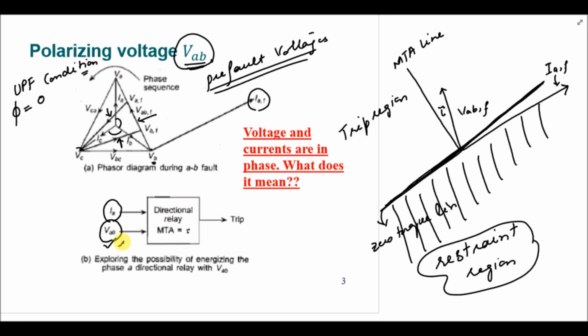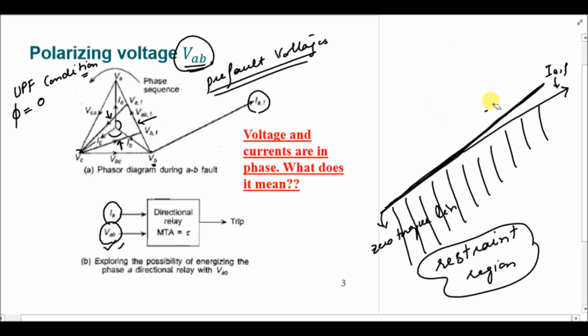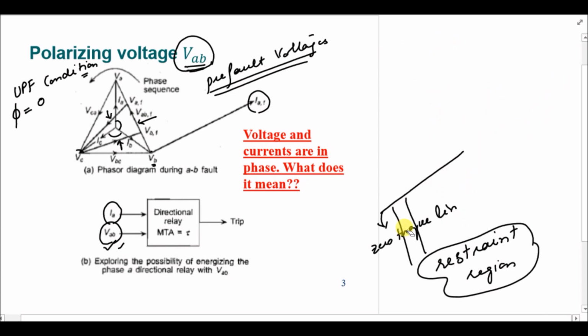So we have checked whether the voltage VAB can be taken as a polarizing quantity or not. Now the other two voltages that can be considered as a polarizing quantity are VBC and VCA.